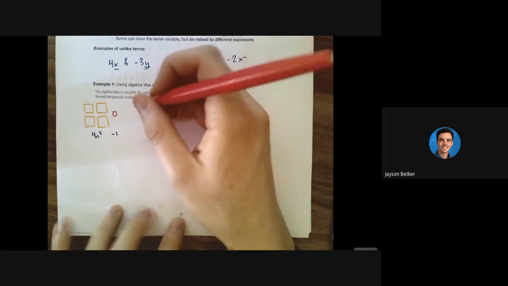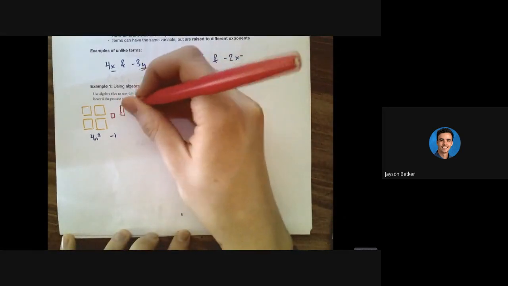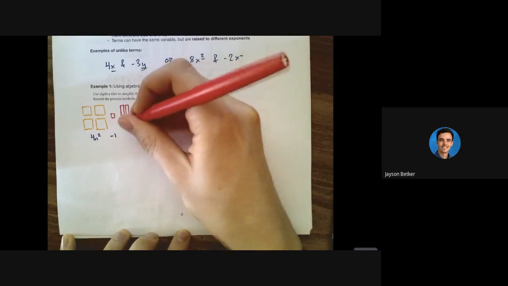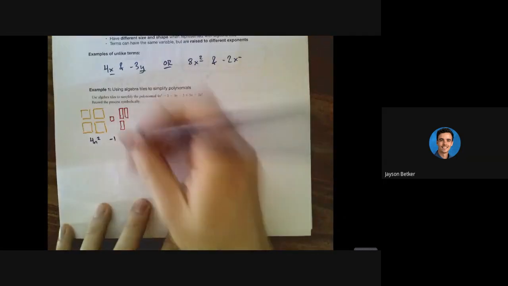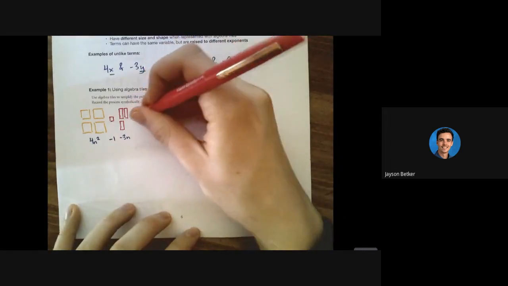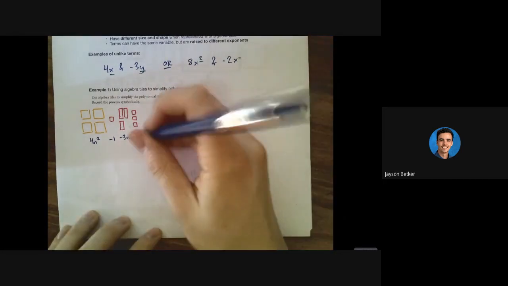So I need to do 3. Let's do it like this. 1, 2, 3. So minus 3n. Minus 3 again. So let's do 3 of the little tiles. 1, 2, and 3. So that's minus 3.